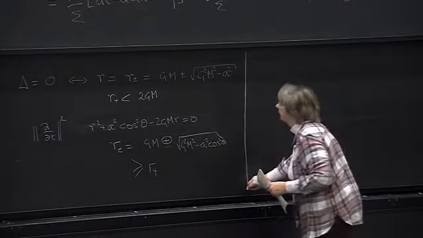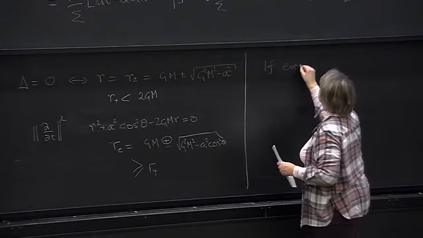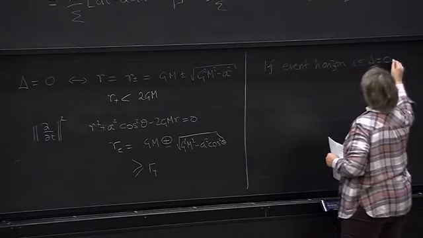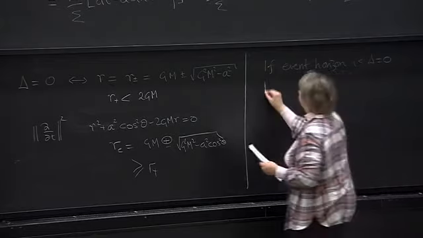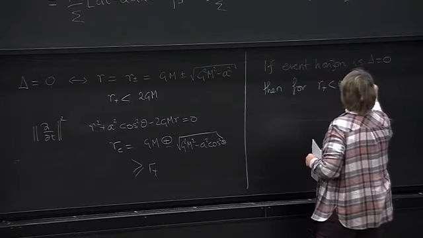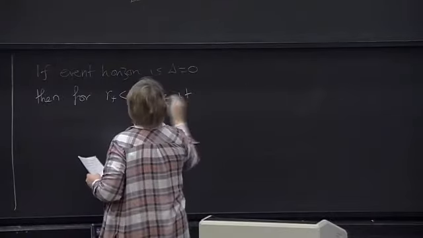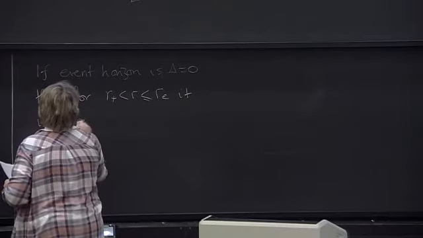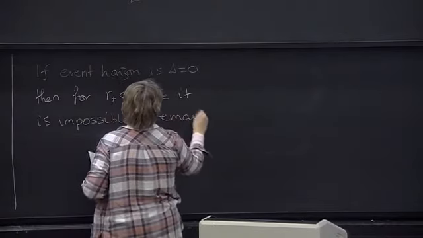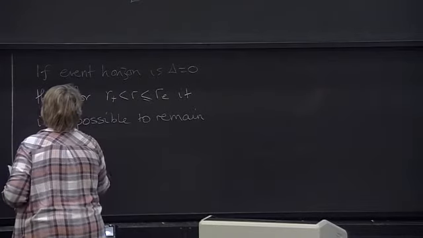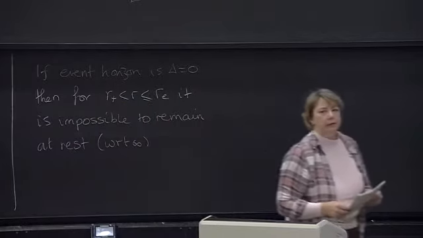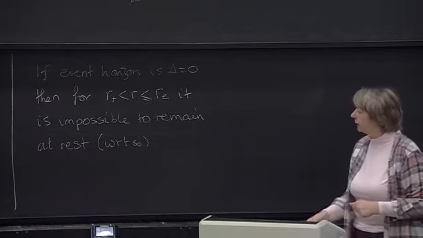So if the event horizon is delta equals 0, which is r plus, then it's impossible to remain at rest relative to an observer at infinity.